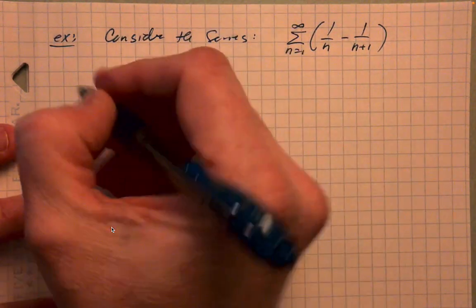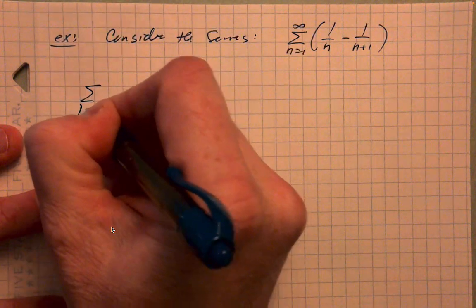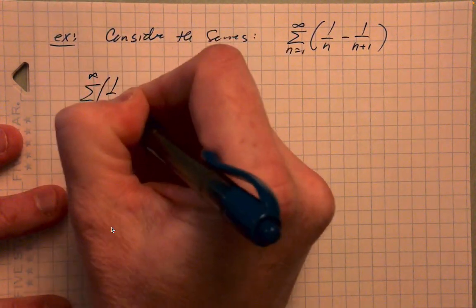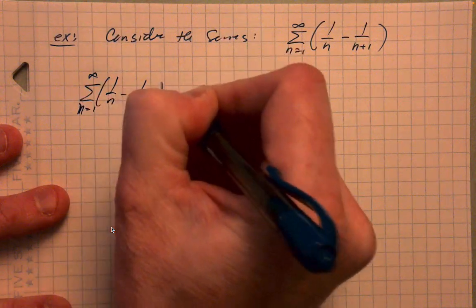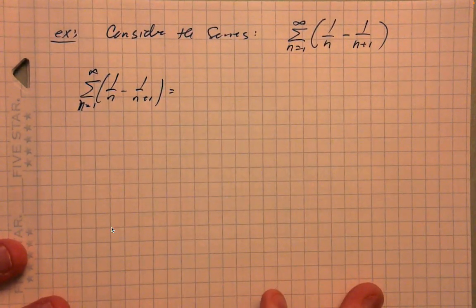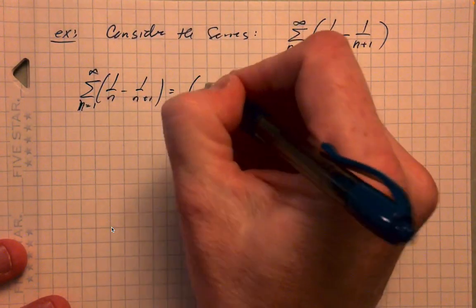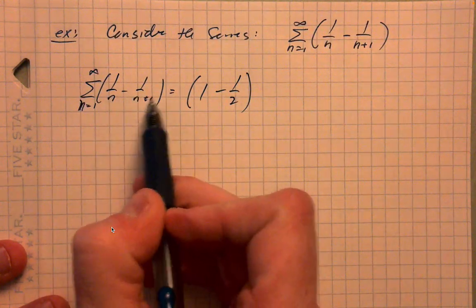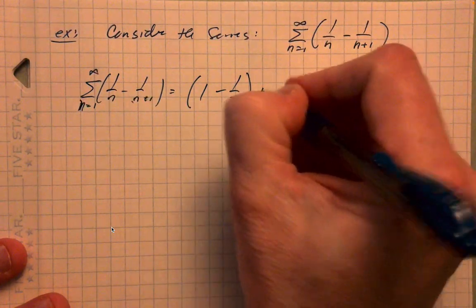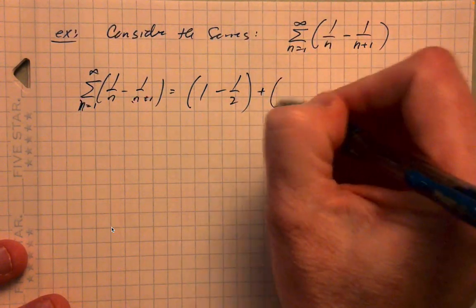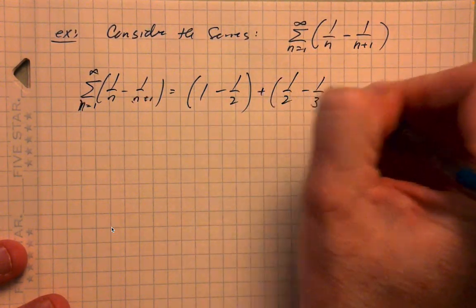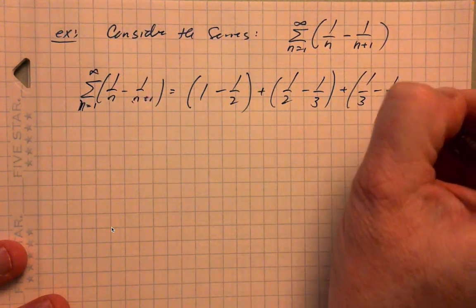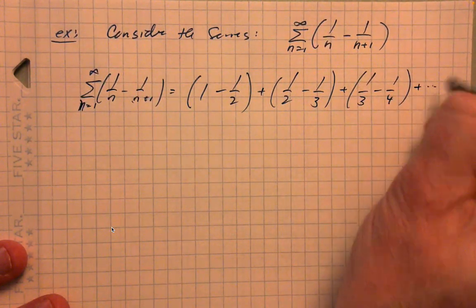So what does this look like? Well, the first term, when n is equal to 1, you're going to get 1 minus a half, right? If n is 1, that's a 1, and that's a 2. The second term is going to be 1 half minus a third, and then a third minus a fourth, and so on, right?